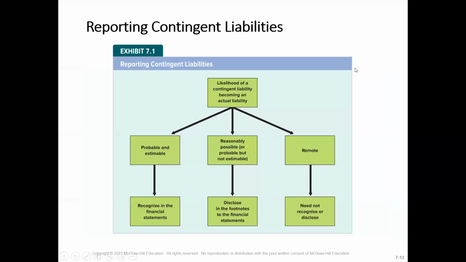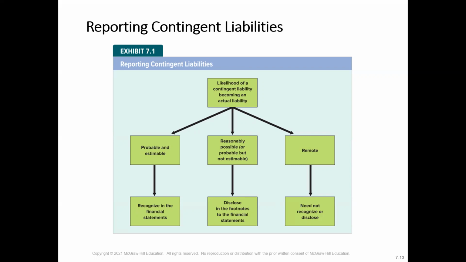And there is a chart, the decision tree up on the top of 251, and it gives you the course of action determined by how likely an outcome is that the company will have to spend money and the ability to reasonably estimate that liability.